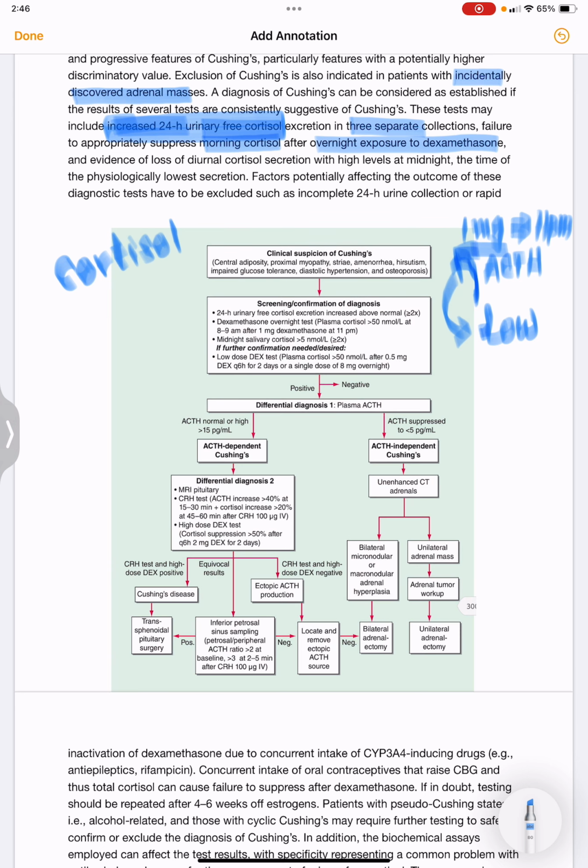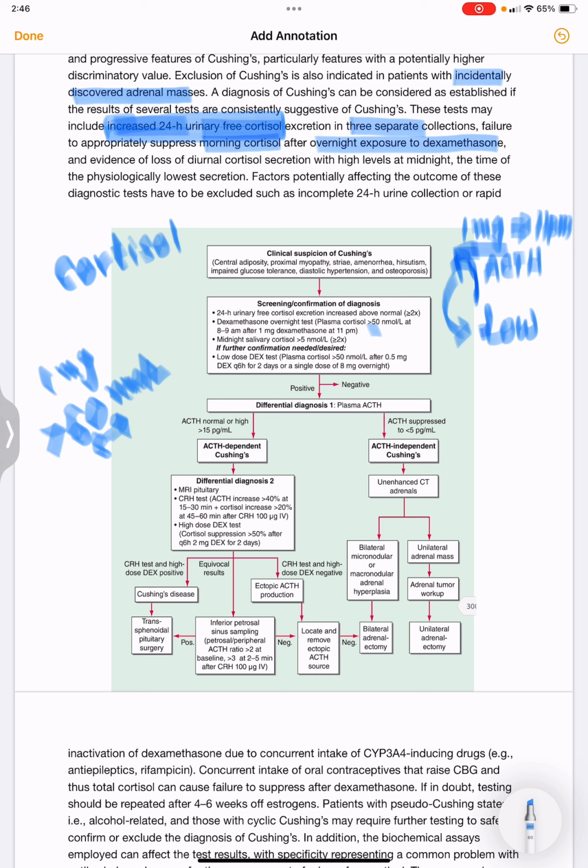And if we measure the early morning cortisol level, it will be greater than 50 nanomole per liter at 8 to 9 am after 1 mg of dexamethasone given at night, and this will lead to the diagnosis of Cushing syndrome.